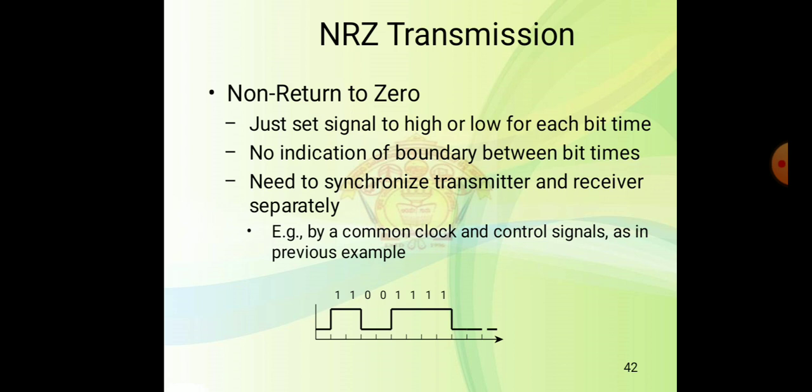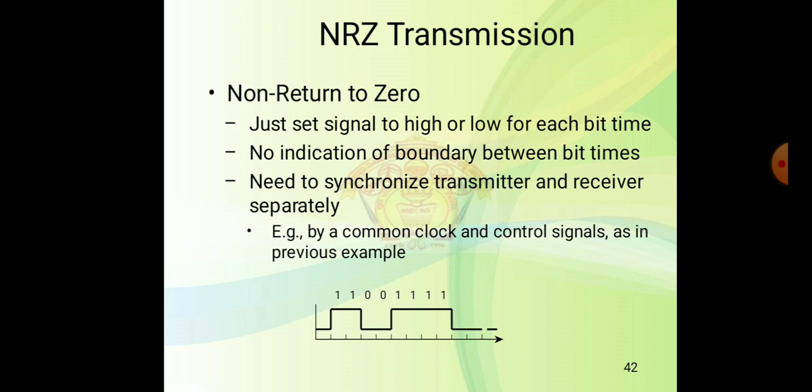For this, in serial transmission we can use non-return to zero, NRZ, as shown in the figure. Just set a signal to a high or low value for each bit time.